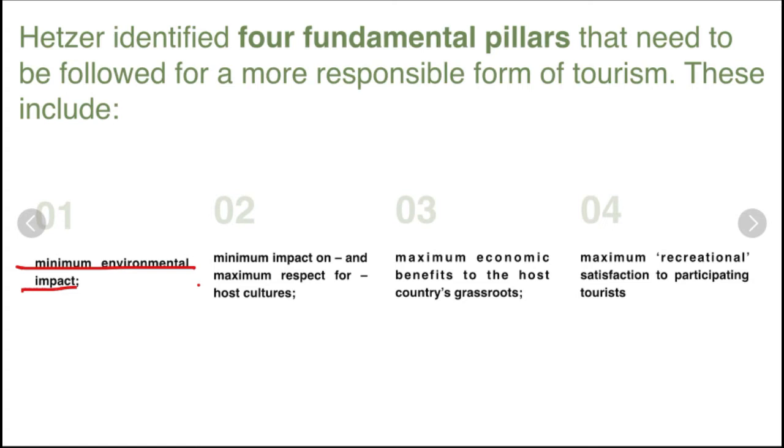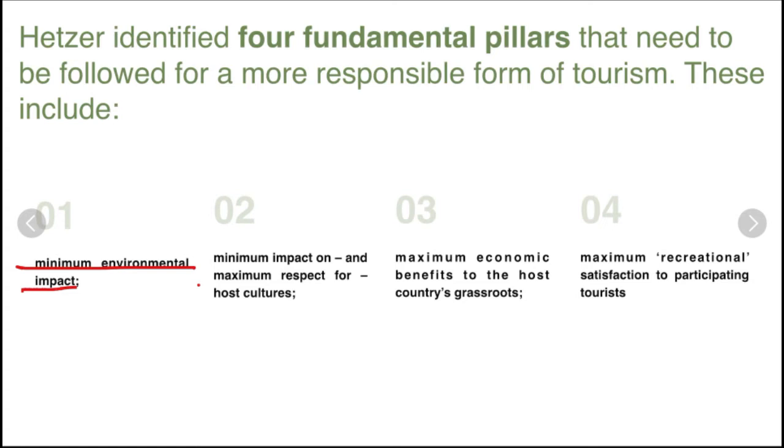So in that case, mapapanatili natin yung isang lugar into its sustainable form. Ibig sabihin, we can use the resources, but hindi natin siya masisira. Ibig sabihin, yung resources na gagamitin natin, pwede pa rin siyang magamit ng mga future generations.